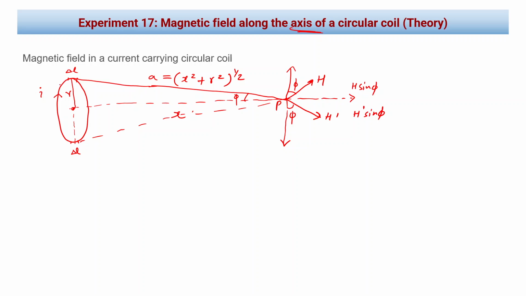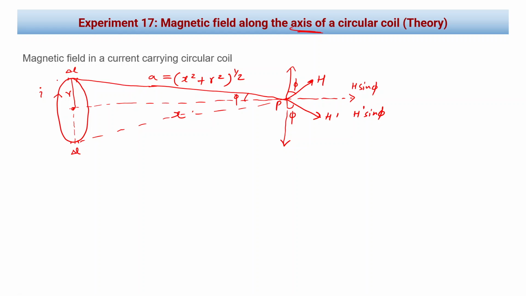In a similar way, different length elements and their diametrically opposite length elements will have magnetic fields whose cos phi components will cancel and sin phi components will result in this direction.